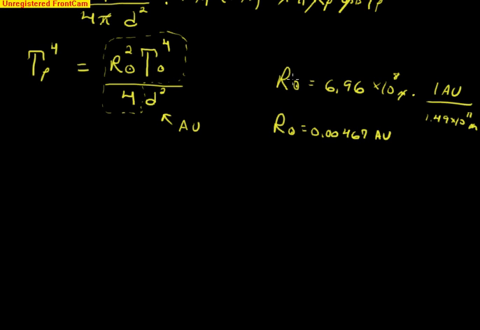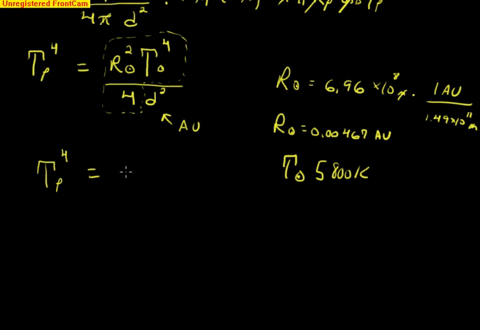Okay, so now that I have R, I can calculate the temperature of the planet to the 4th power. Let's go ahead and calculate this out. The temperature of the sun at the surface is 5,800 degrees Kelvin.